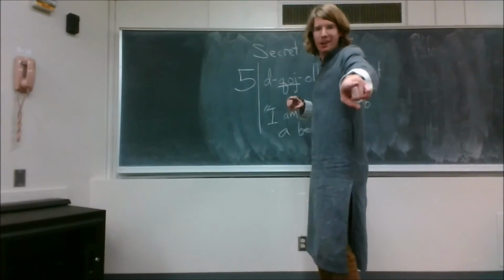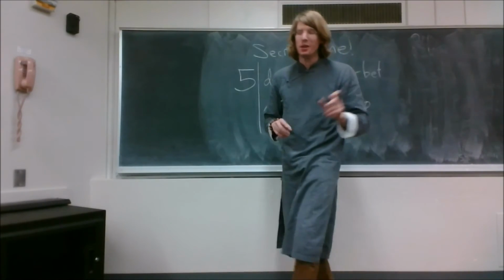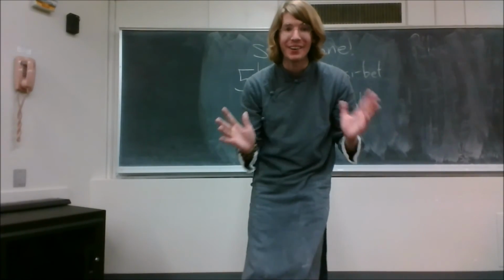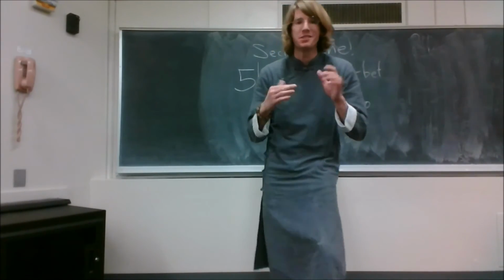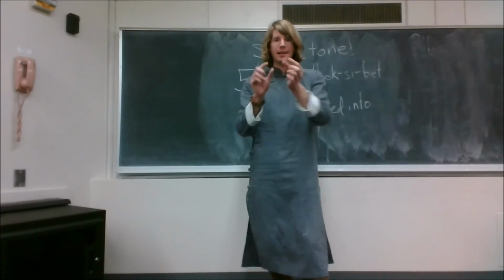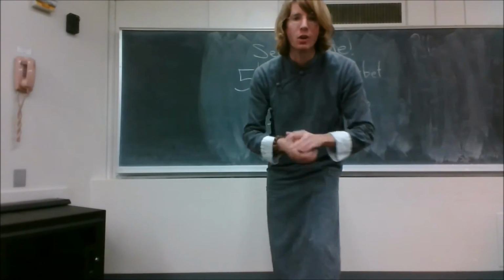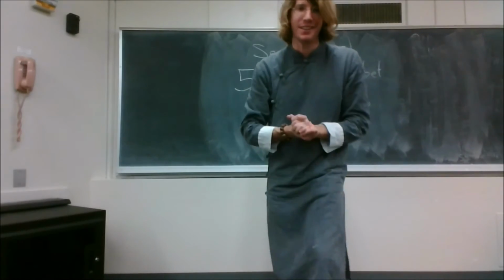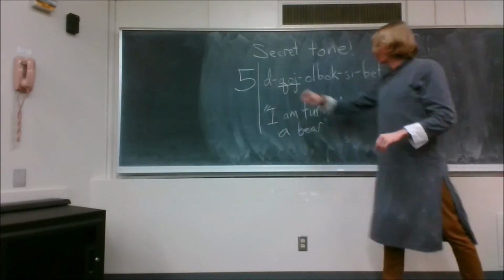But wait, there's more. There's also a 5th tone. It's a secret tone. And what is this tone? No tone at all. So this happens when you have long words with suffixes or something after that our word is only one syllable of. So let's take a look at this 5th secret lack of tone, or antitone as I like to call it. So let's take a look at this word.